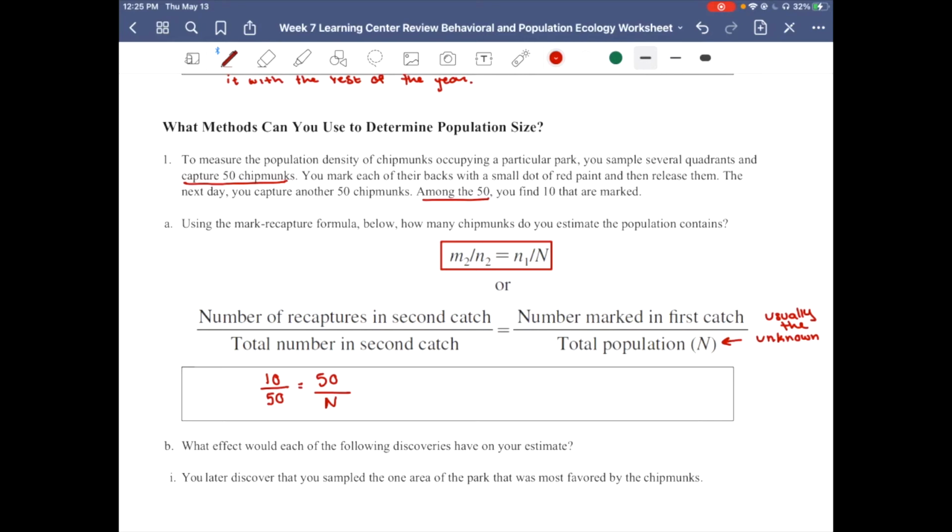So if we set up the proportion, it comes out to 10n equal to 50 times 50, and then you can divide by 10, and then n equals 250 chipmunks. So that's your estimate of how many chipmunks could be in the population. Okay, did that make sense to everyone?